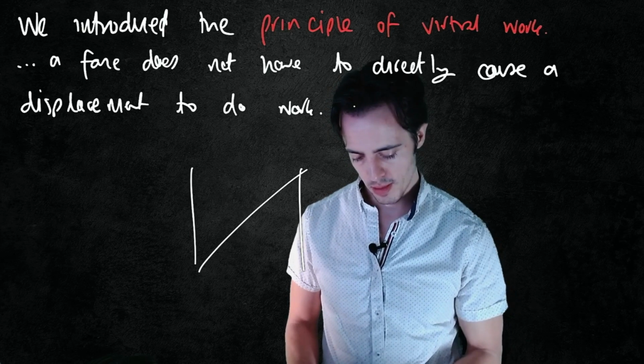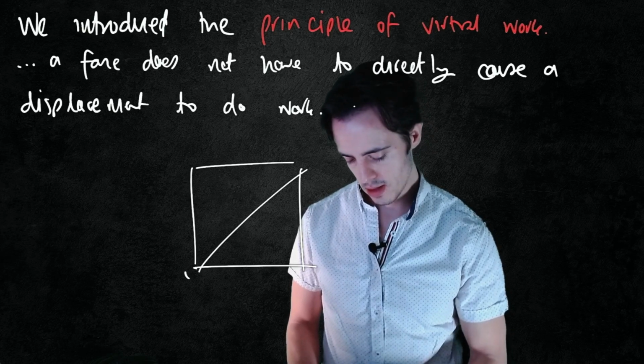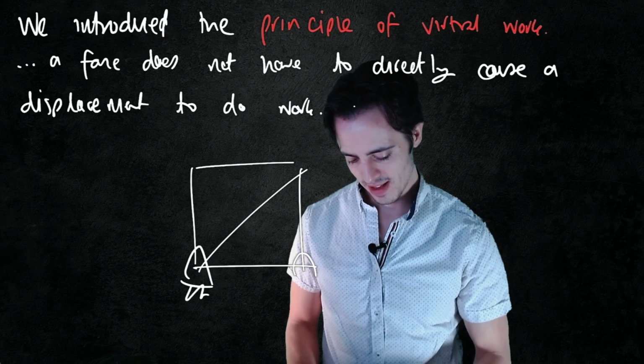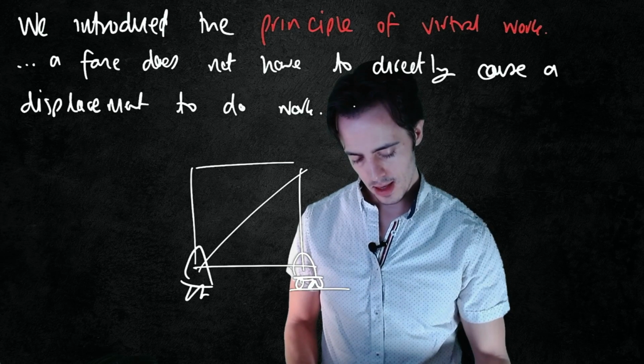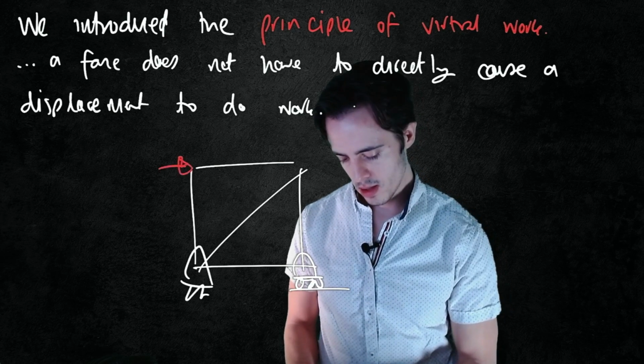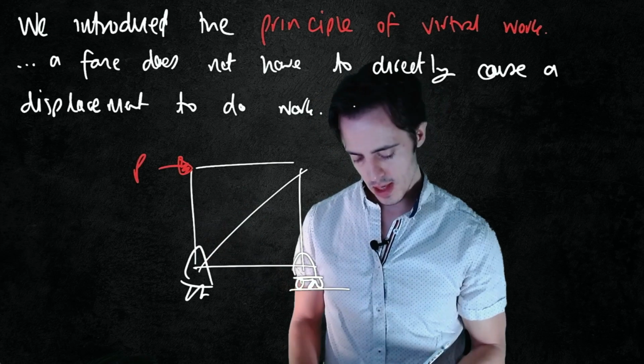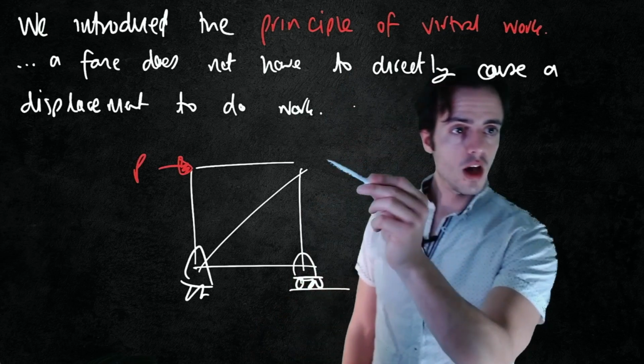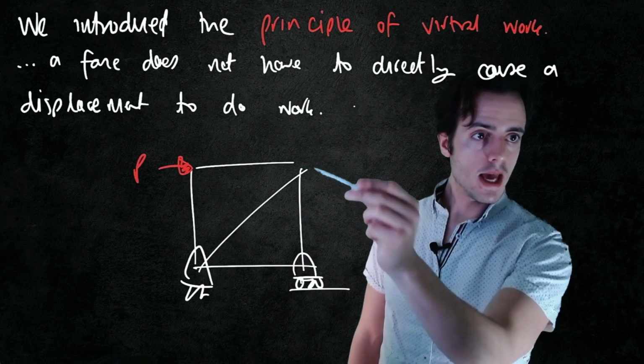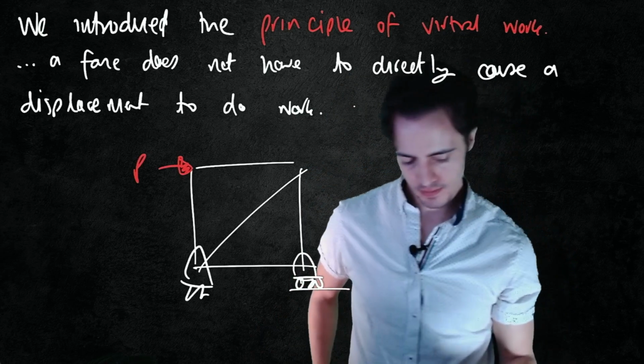I'm not going to draw the other one because that would be statically indeterminate. And let's say I've got one real force here. This is some applied loading. And let's say I want to determine the displacement here of this structure.